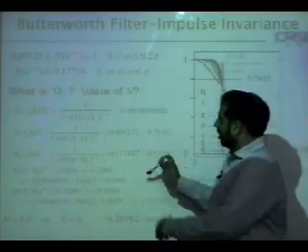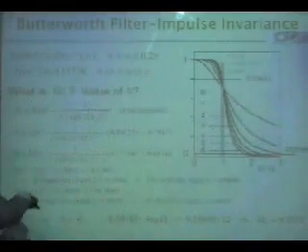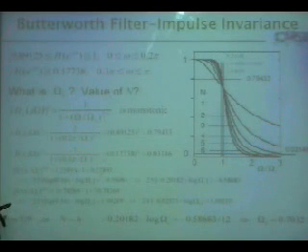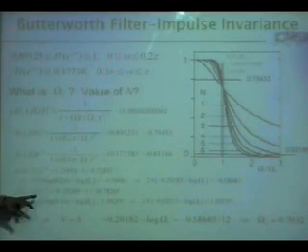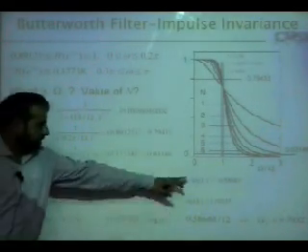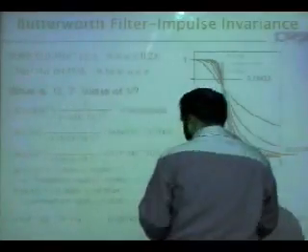So now you cross multiply. If you cross multiply, you get this expression, and then take the log so that 2n comes in the denominator. You have one equation which is this, and then you have another equation.